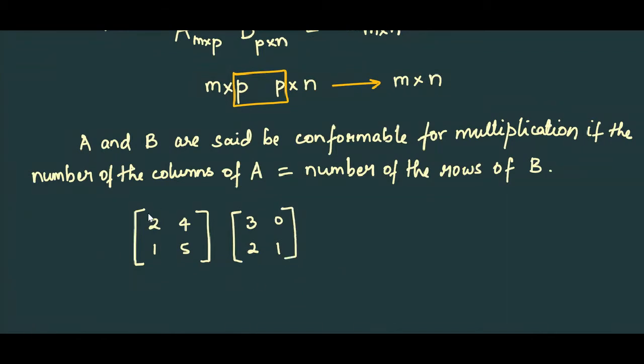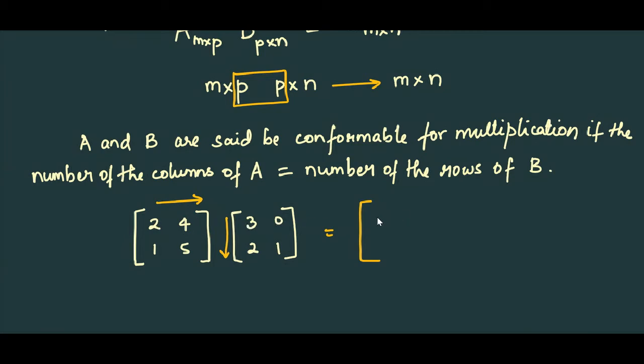So this is A, this is B. So what we do, row multiplied with the columns. The first row elements get multiplied with the first column elements to give the first row, first column element of the product.